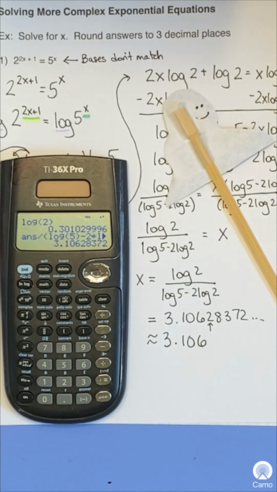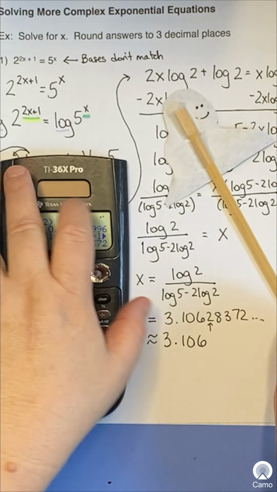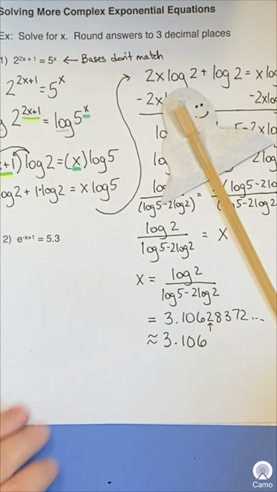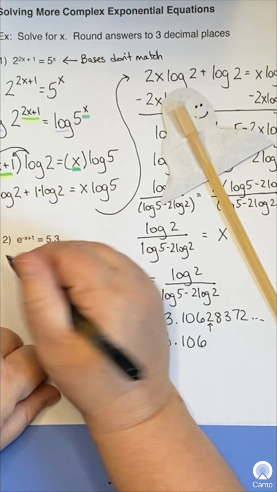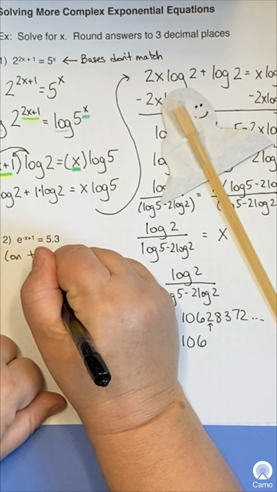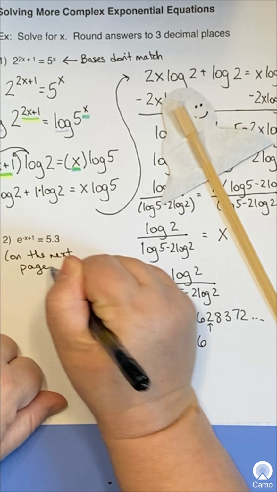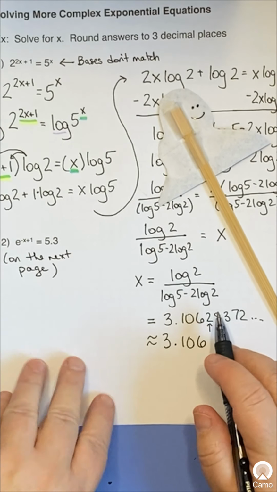Kind of woohoo? Sort of woohoo? A little bit woohoo? Okay, there is another problem here. I'm going to just write on the next page. And I'm going to write out here.